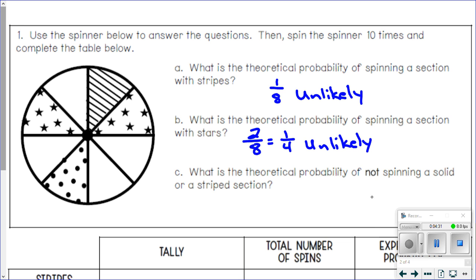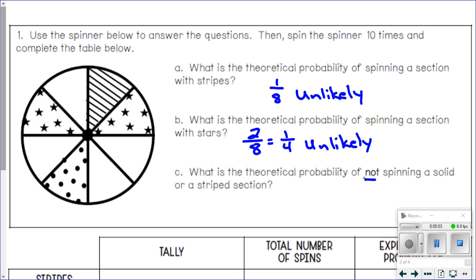And then lastly, what is the theoretical probability of not spinning a solid or a striped section? So how many sections on here are solid or a striped section? Okay, so solid, there's 1, 2, 3, 4. Striped, there's 1. So that would be 5 out of 8. So 5 out of 8 are solid or striped.